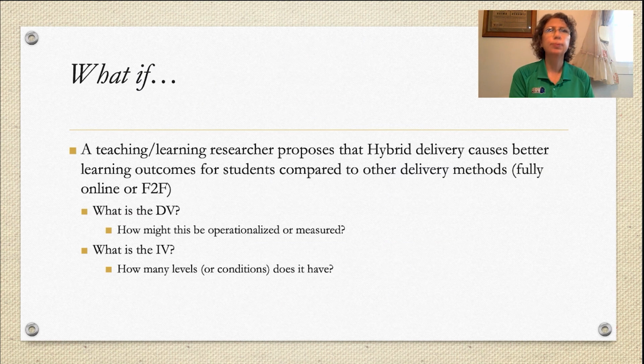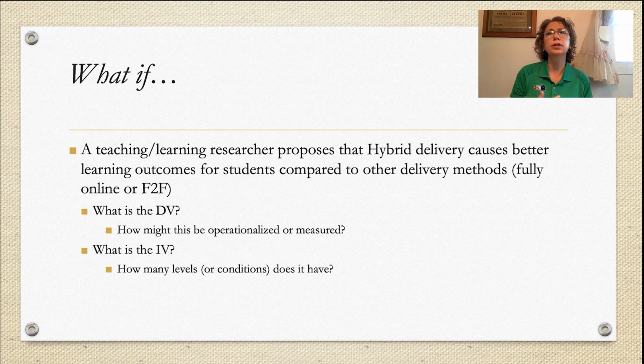So let's put a scenario to this, just a little what if, to add some context to what we're talking about with experimental research. Let's say a teaching or learning area researcher proposes that a hybrid delivery of a course causes better learning outcomes for students compared to other delivery methods.